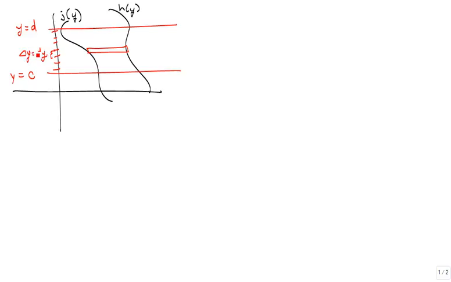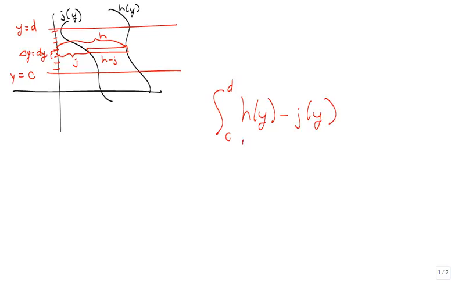So we're cutting up the y-axis. It's going to be from C to D. This distance is h, and this distance is j, so this is h of y minus j of y, which is the right function in terms of y minus the left function in terms of y, dy.